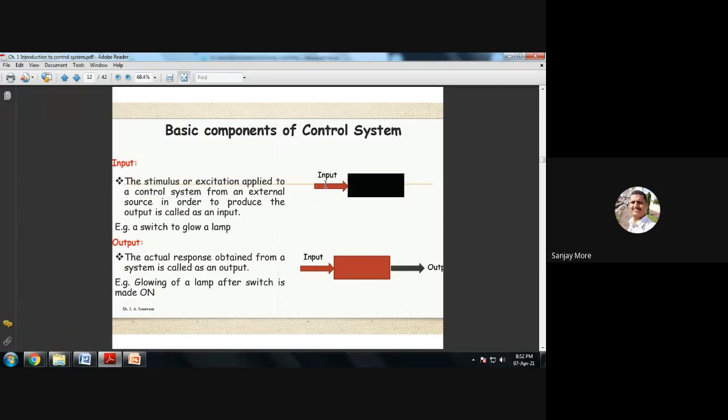Input. And the second, output. The actual response obtained from a system is called as output.